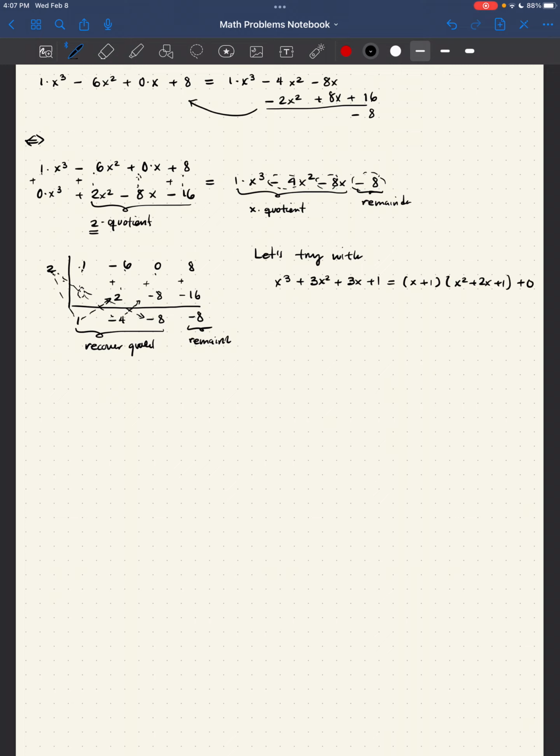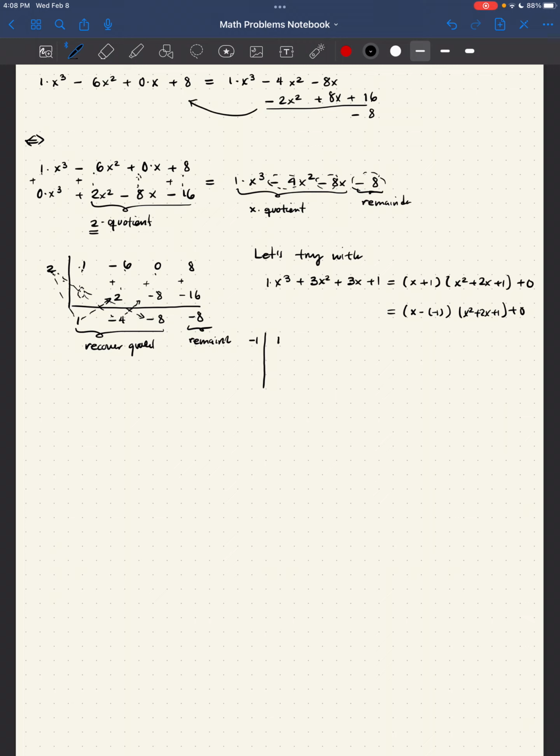Now look, this would be as if we were attempting to evaluate the function, not at 1, but at negative 1, as x minus negative 1 times x squared plus 2x plus 1 plus 0. Now I'm going to repeat the process, the one that I just did. And here I indicate a negative 1. Then I collect the coefficients.